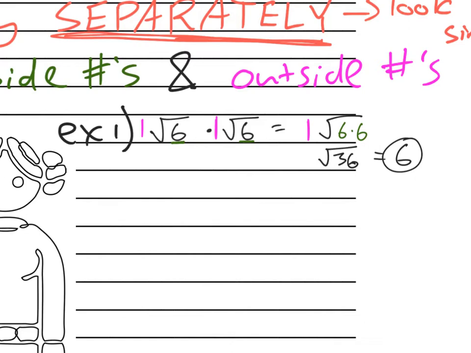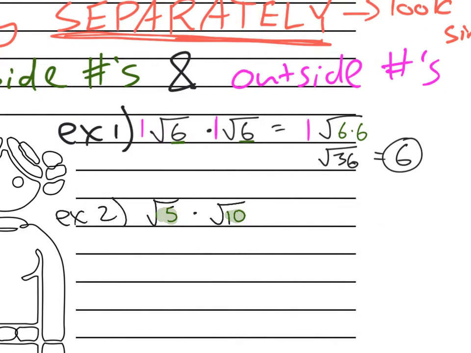All right, so another example that does not have the same number inside. So root 5 times root 10. Even though the numbers are different, you could still multiply. They don't have to match in multiplication. So our inside numbers are 5 and 10.